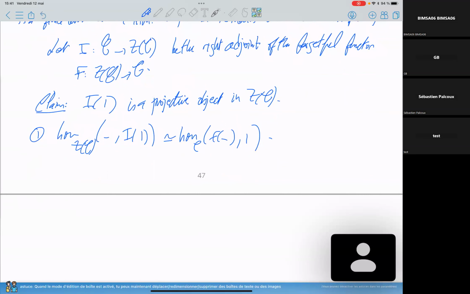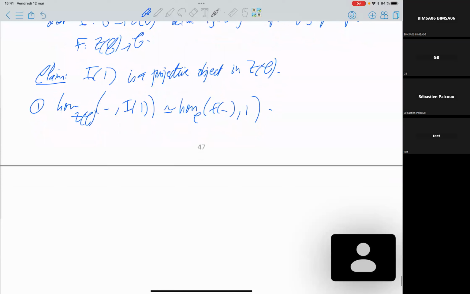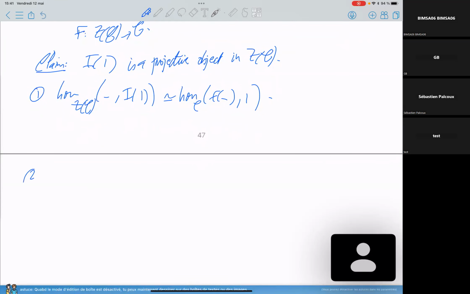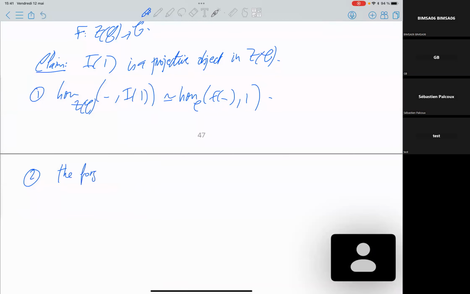So I is right adjoint. That's okay. Second point. The forgetful functor F is exact, so that is known also. Third point.